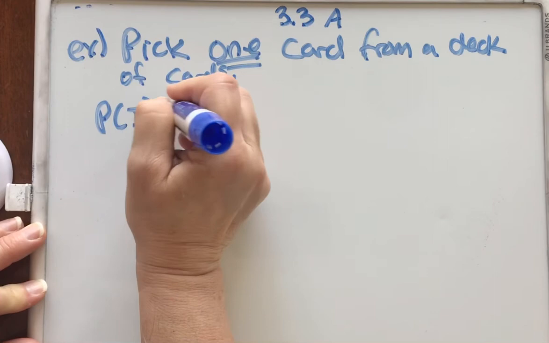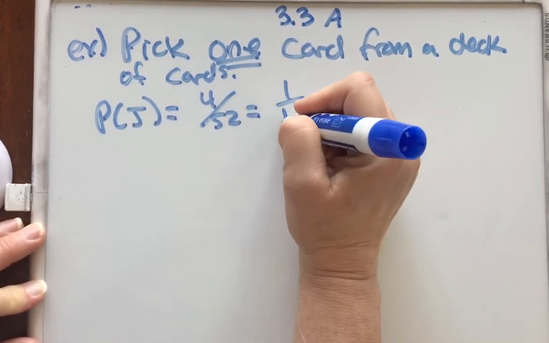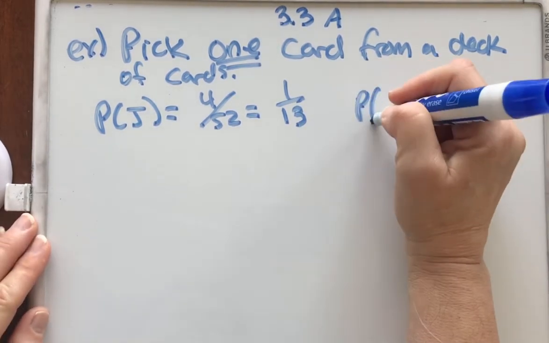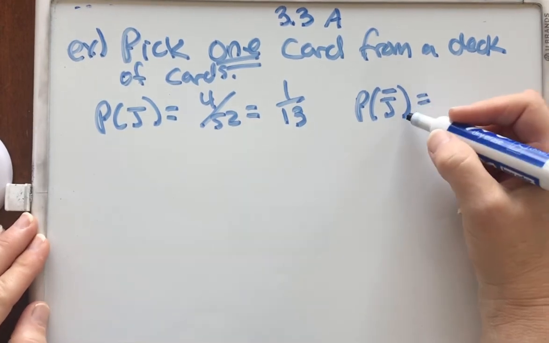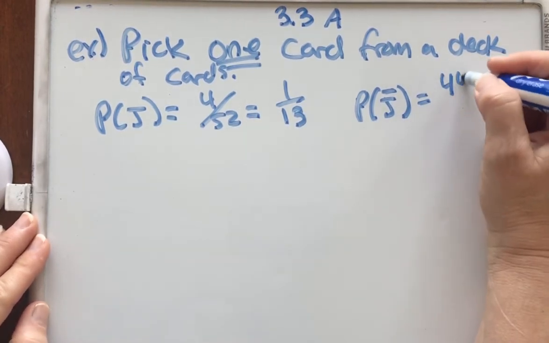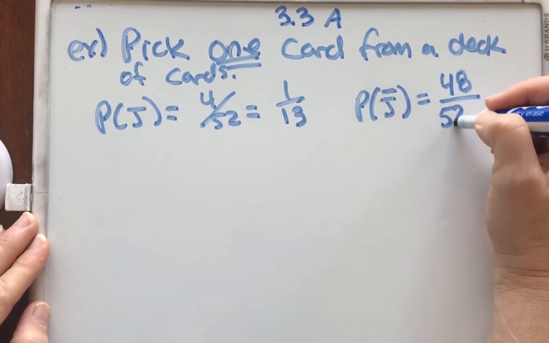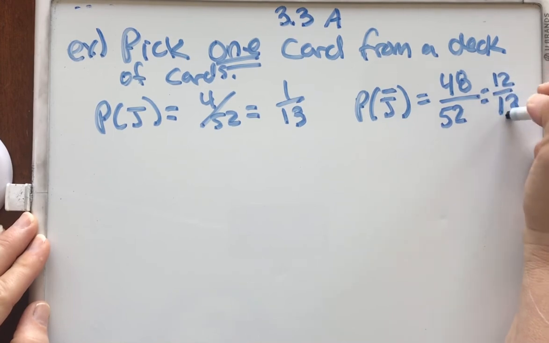Probability of a jack, well, there's 4 jacks and we have 52 cards, and that reduces to 1/13. Probability of not a jack, well, how many cards that are not jacks are 48 cards. So we took away the jacks and we left with 48 cards out of 52. And that is 12 out of 13.